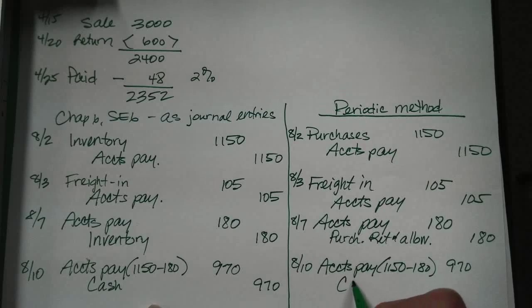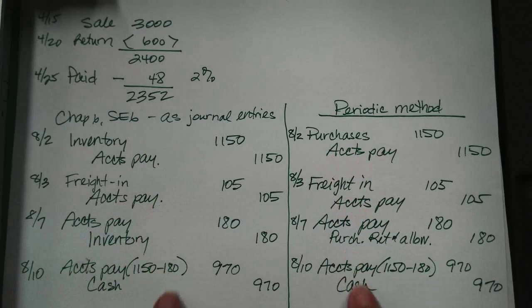And we write a check to do that. So you're going to credit cash. Okay? So you can see the fundamental differences on the purchases side. Now we need to move on and do a problem that shows the differences on the sales side as well.